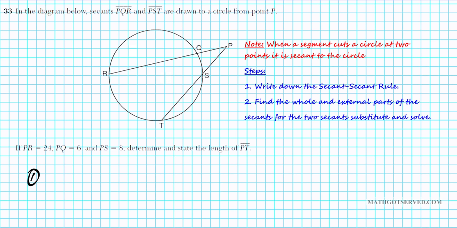Well, the secant-secant rule is not that complicated. We have two secants here. Notice that this portion right here, I'm going to call this the external part of secant PR. Let me be more specific: this entire segment is the external part.